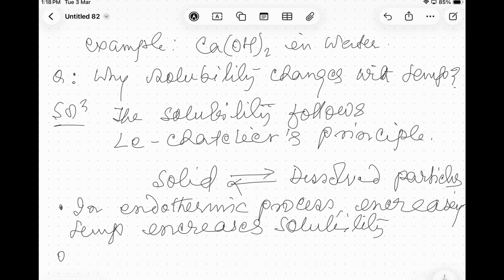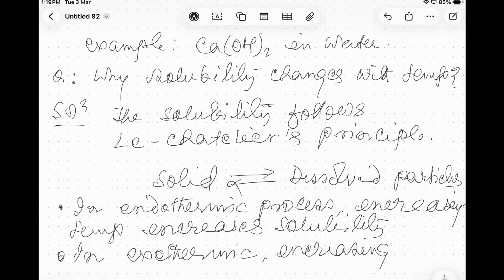And the reverse is true for exothermic process. Increasing temperature decreases solubility.